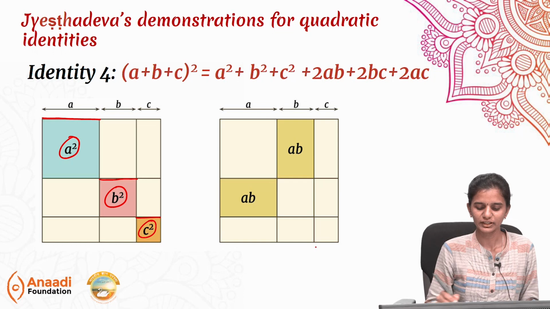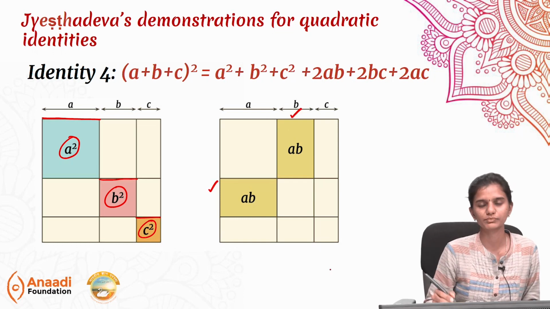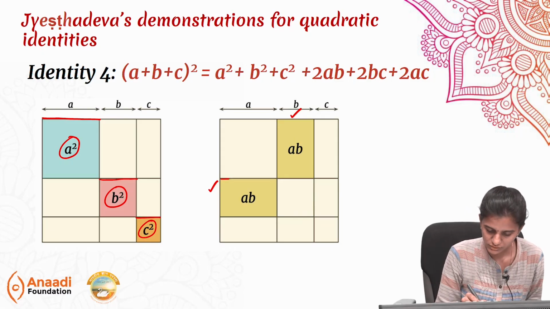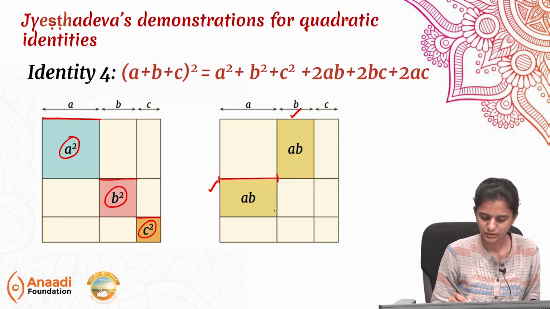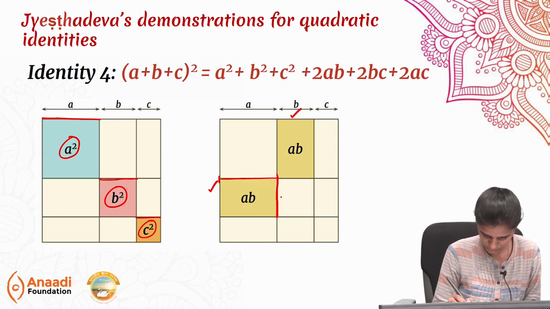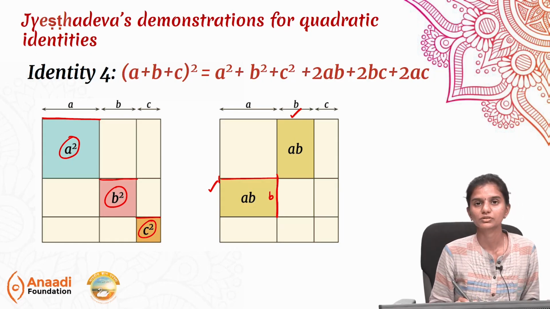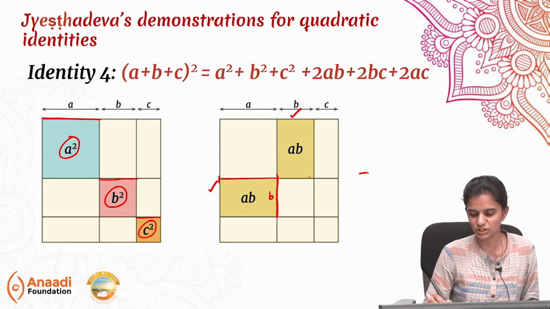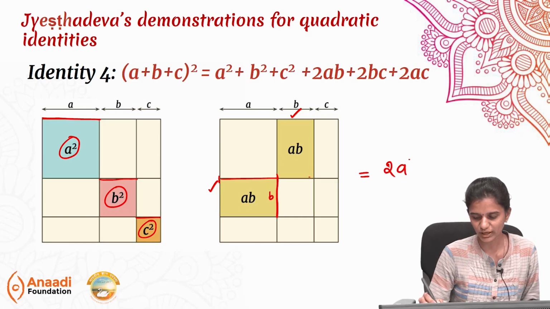Now, let us take these two rectangles. We know the sides to be A because the length of this side is A and this is B. So, the area would be AB. Similarly, the area of this rectangle would be AB, which gives us 2AB.